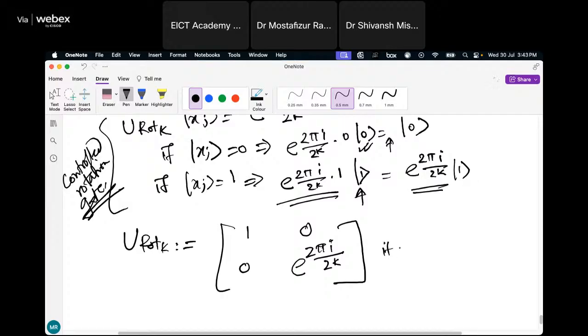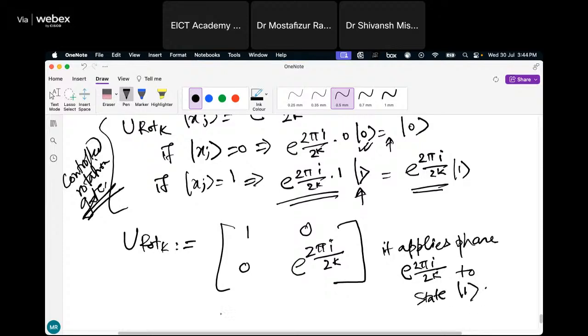So it applies the phase e to the power 2 pi I by 2 to the power k to state ket 1. This is the purpose of this quantum gate. But if you apply this quantum gate to ket state 0, it will do nothing. So this is one important trick to design quantum circuits.